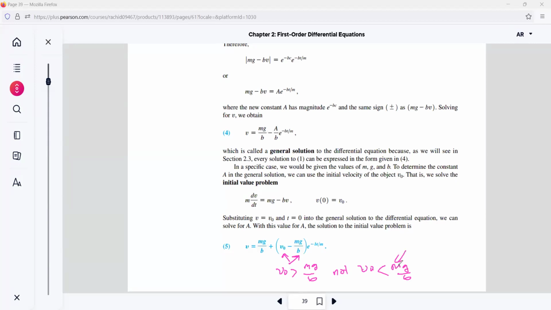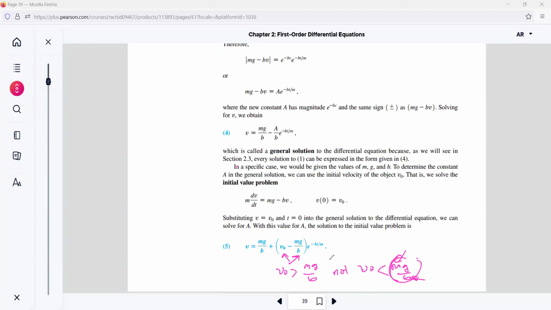Think about it. If the mass is bigger, then this becomes bigger. If the air resistance is smaller, then this is going to be bigger again, right? So smaller, not even there, like a vacuum, it's going to go fast. All right. If the mass is bigger, then it should drop fast.